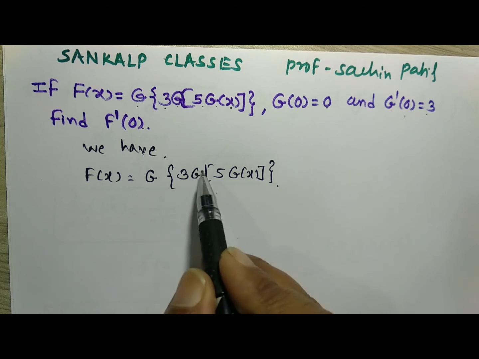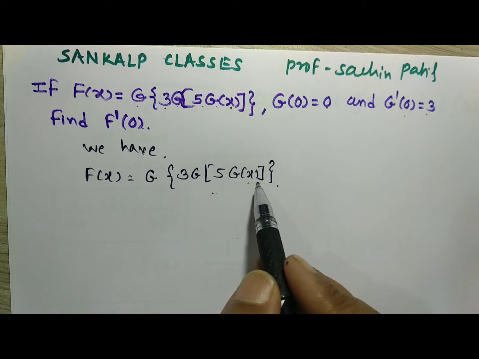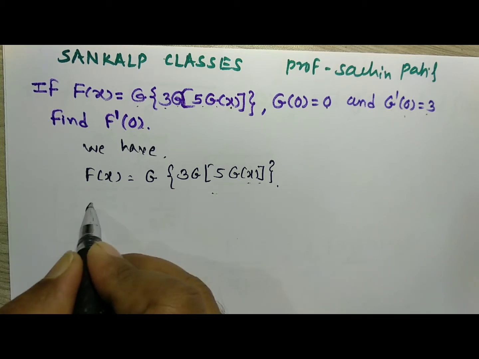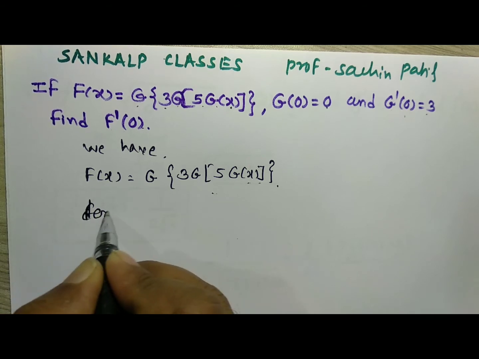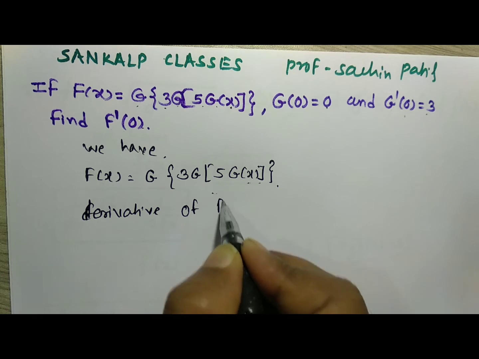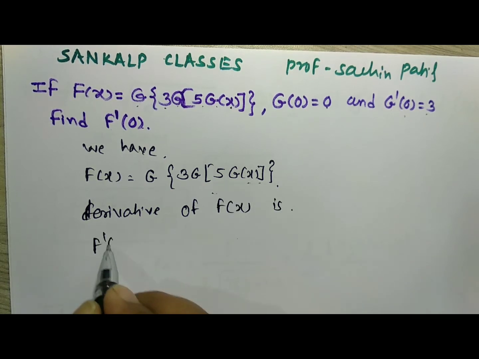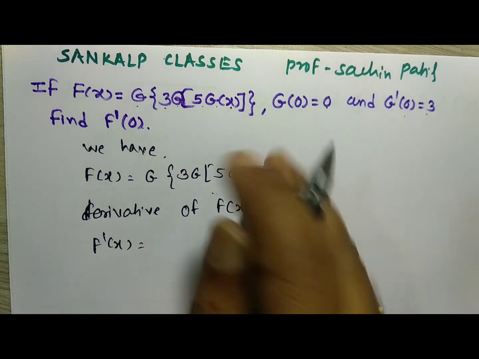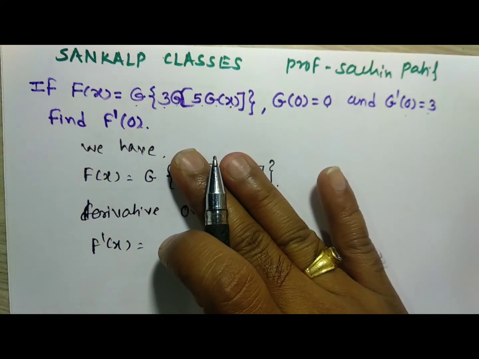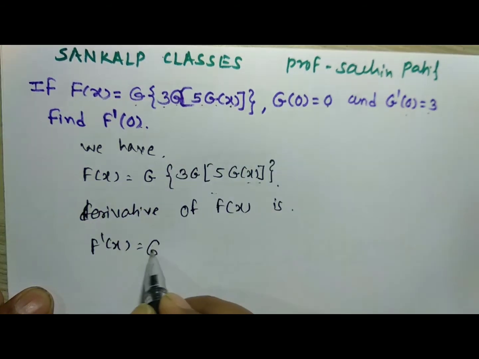If we complete the derivative of this expression, then we move on to the expression inside the other bracket. So f'(x) is equal to, first of all, we cover the expression inside the bracket with our fingers, and the derivative of g is nothing but g'.